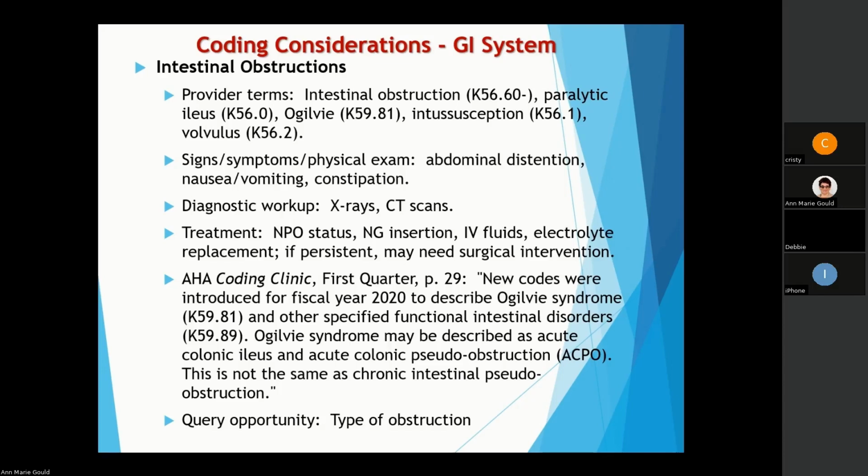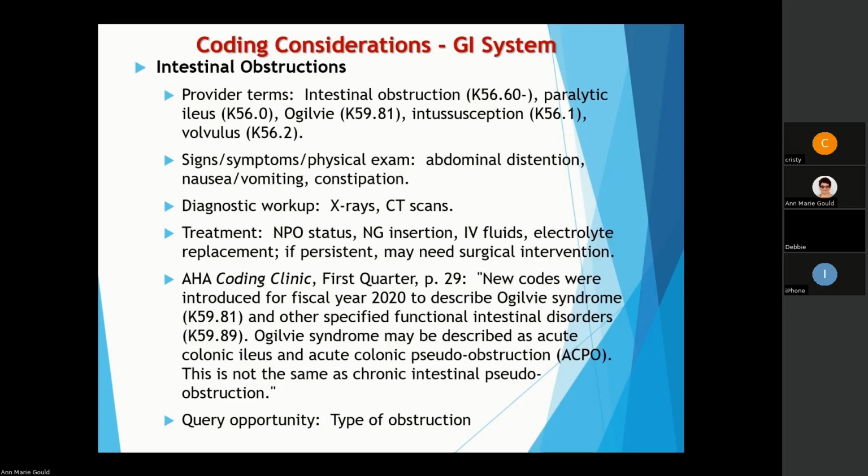You may see that abbreviation within the GI docs' documentation. This is not the same as a chronic intestinal pseudo-obstruction, so it's different. One is colonic, the colon itself, but the other is any intestine that's associated with the pseudo-obstruction. So you do have different codes for these.